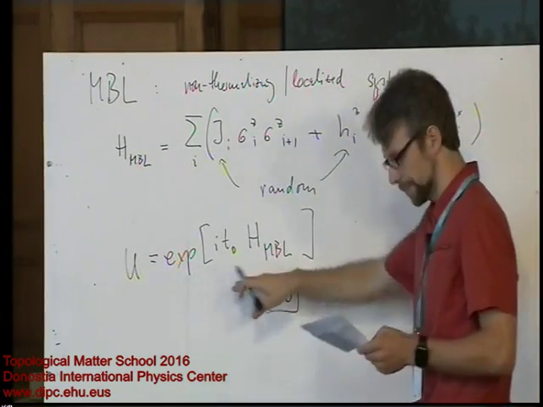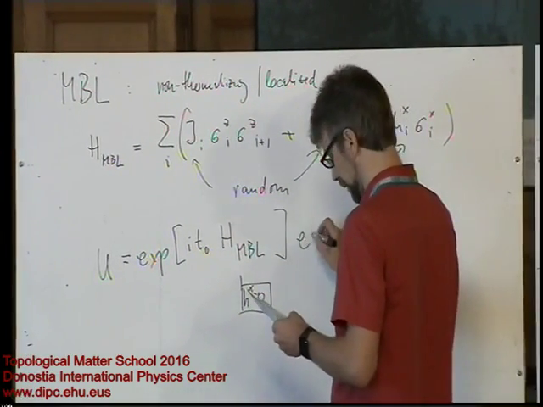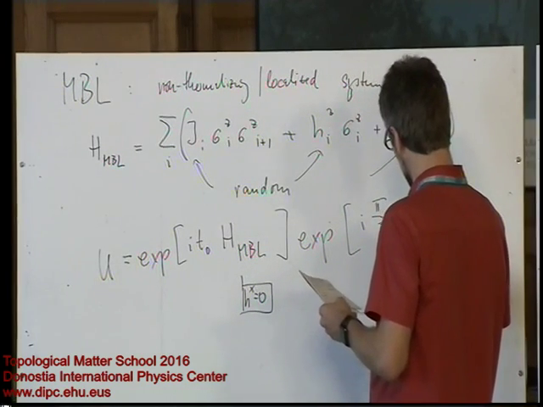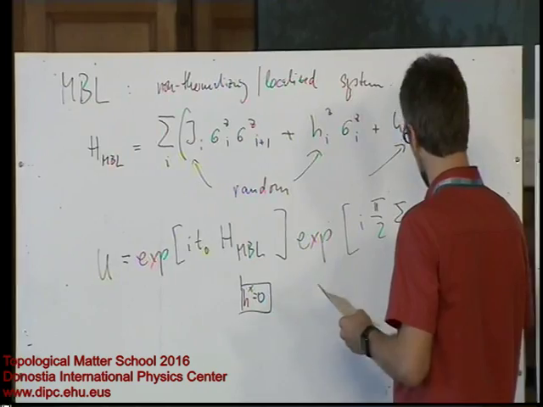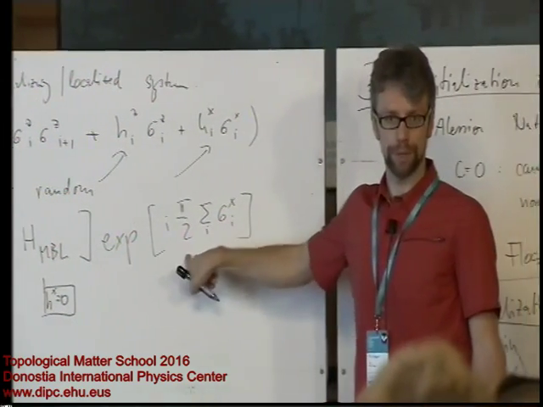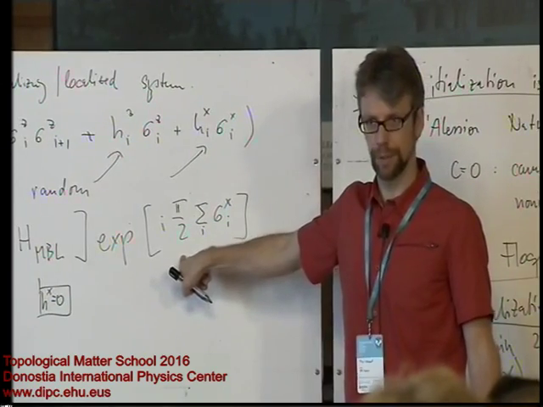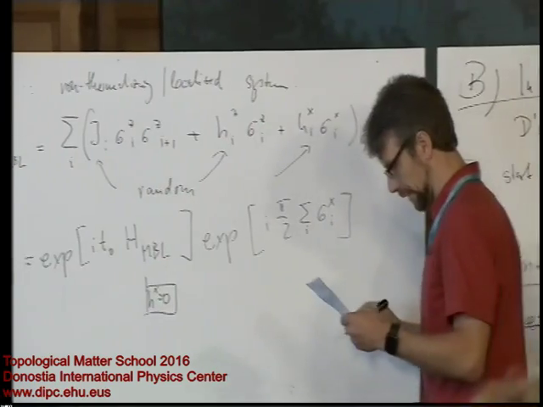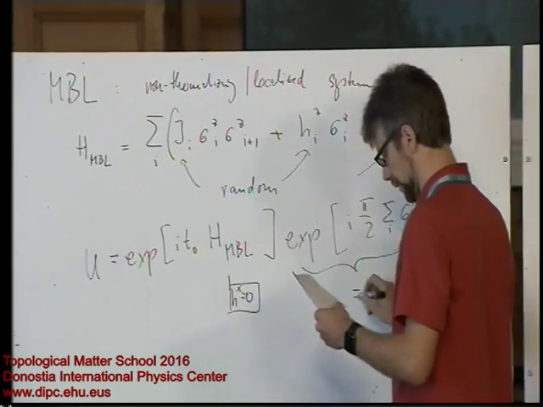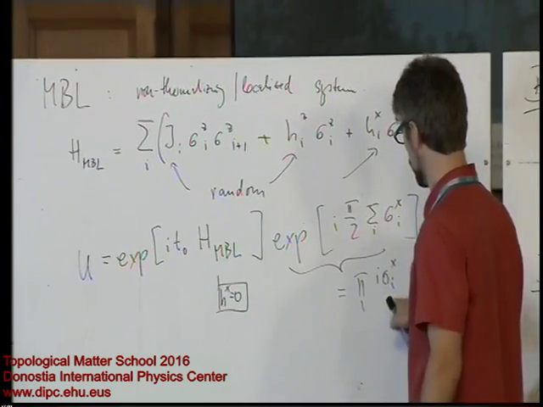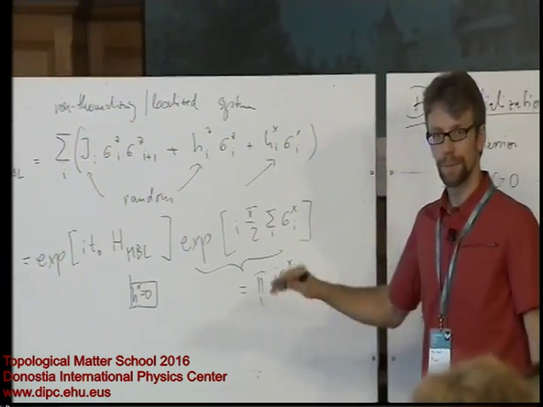That's one part of my unitary, and the second part of my unitary is much simpler. It's just the sum over all sigma x operators on all sites, switched on for a specific period of time. That period of time is chosen such that this exponential is really just the product over i of i sigma x for all sites.